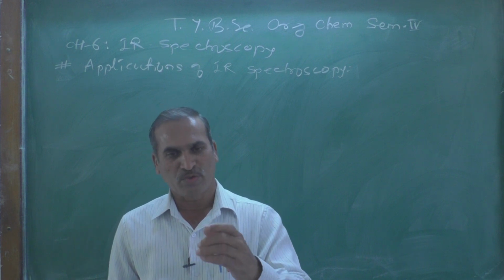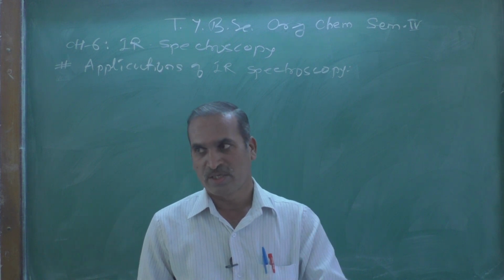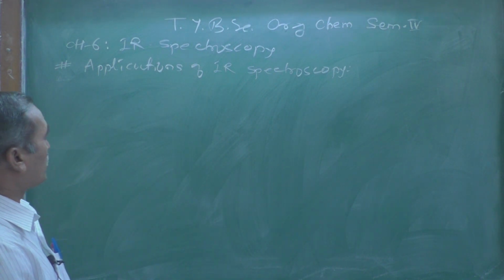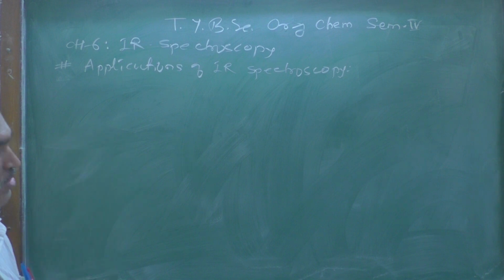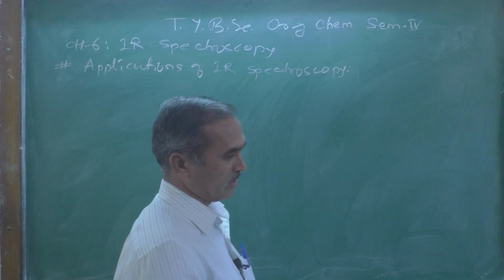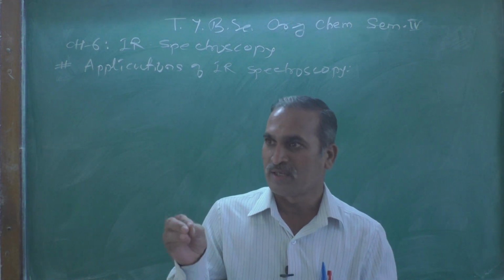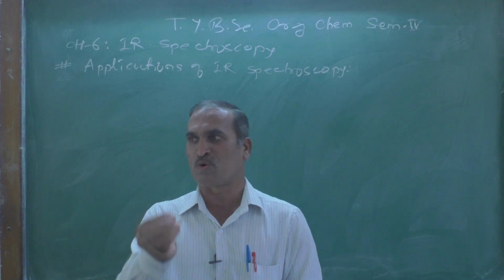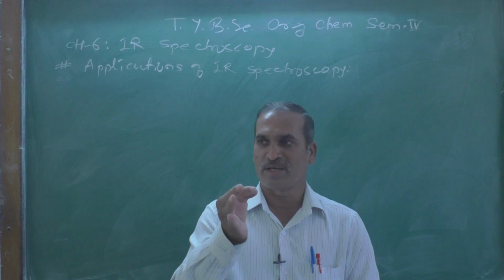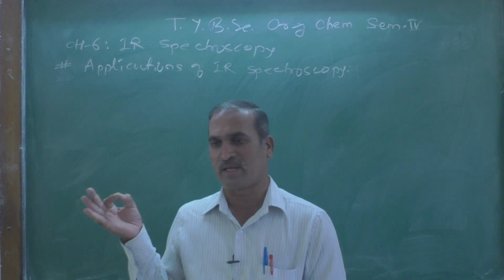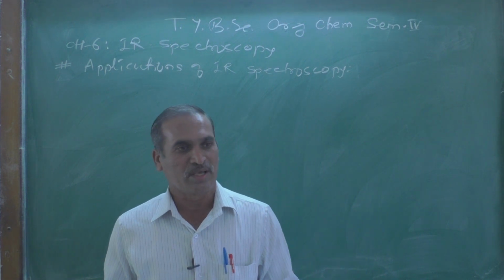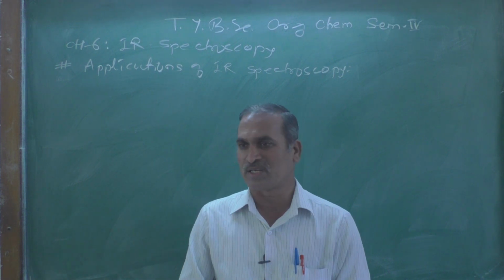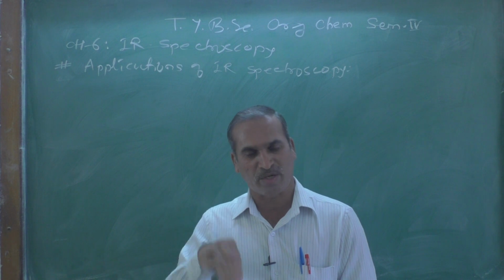Today, what we are going to discuss, just look at the blackboard. What is written on the blackboard? Application of IR spectroscopy. As we know, spectroscopy means the interaction of electromagnetic radiation with matter. This is the simplest definition of spectroscopy.